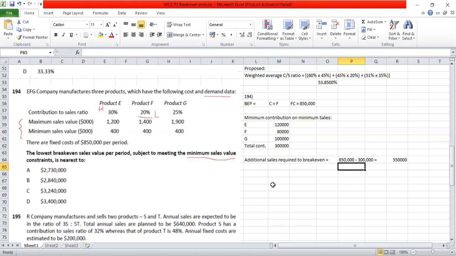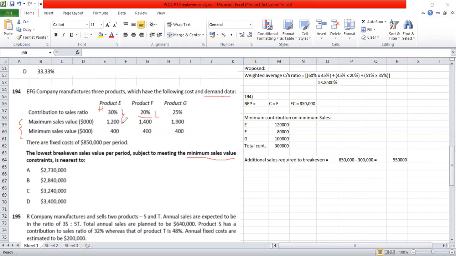First preference will be given to product E. Product E can go up to a maximum demand of 1,200,000. So if it is 1,200,000 of sales, 1,200,000 into 30% will give the contribution margin.